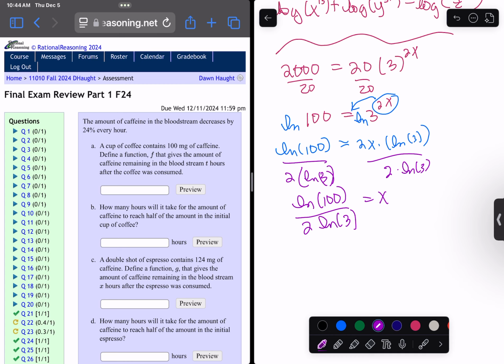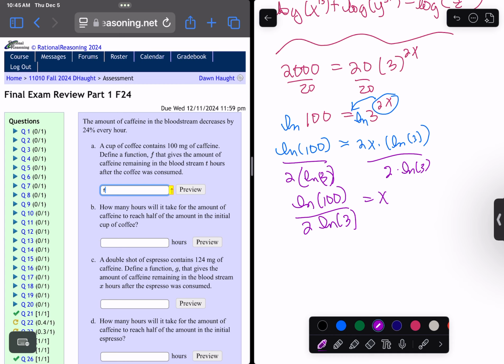Excuse me very much. I'm sorry. Okay. The amount of caffeine decreases by 24% every hour. Define a function that gives the amount of caffeine remaining in the bloodstream after t hours. Okay. So remember, this is just going to be a rate of change. It's an exponential function.